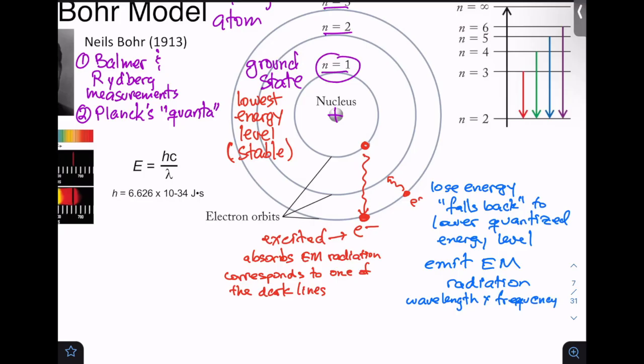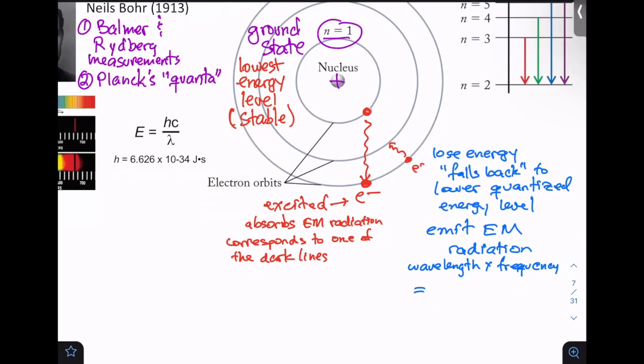In fact, we have a name for these things. Anyone know what the name is for this packet of energy that's released? It's called a photon. Very good. All right. This is what a photon is.